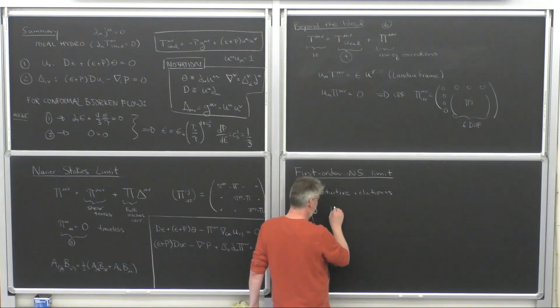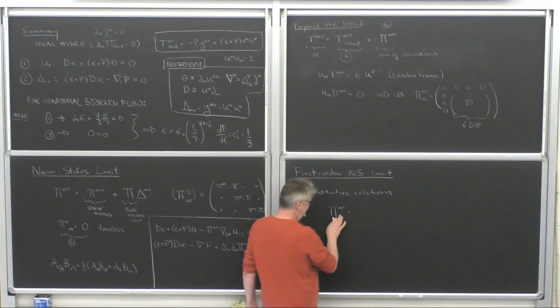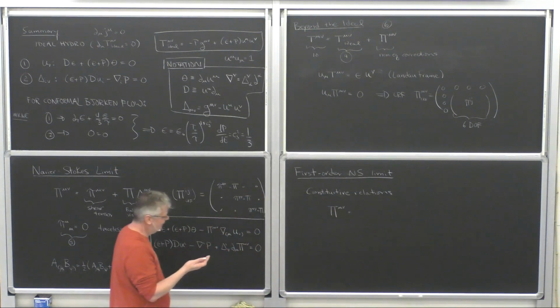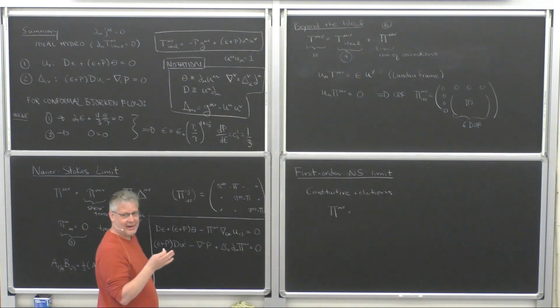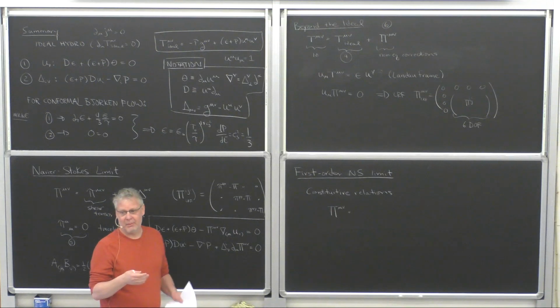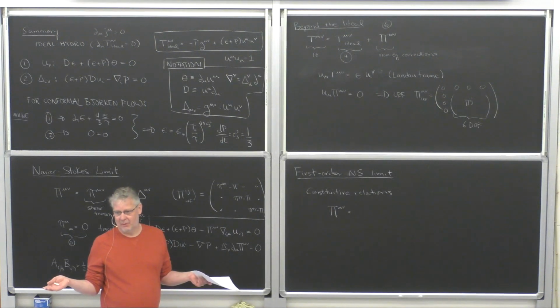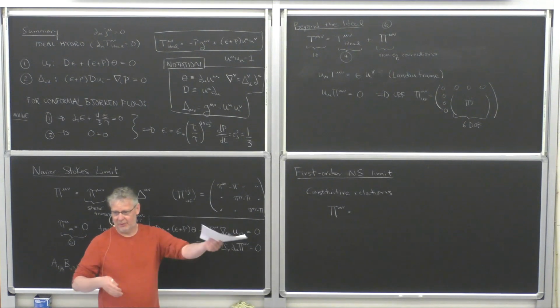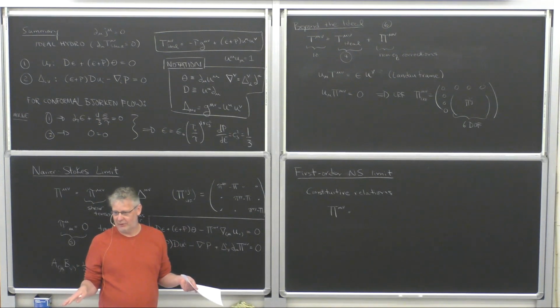Now, in general, before writing down their definitions, I'll note that this thing, whatever it is, it has to be proportional to gradients in the system. Because remember, if there's no gradients in the system, we're in thermal equilibrium. Nothing moves left and right, we're in a static situation.